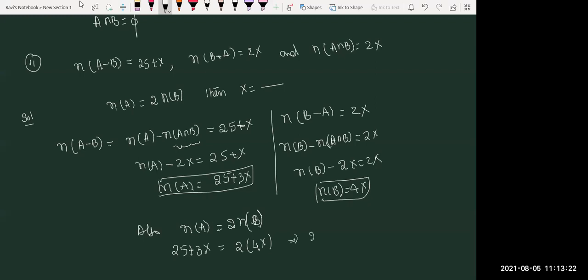Very good. So 25 equals 5x, answer x equals 5. The important point is, these points have to be remembered.